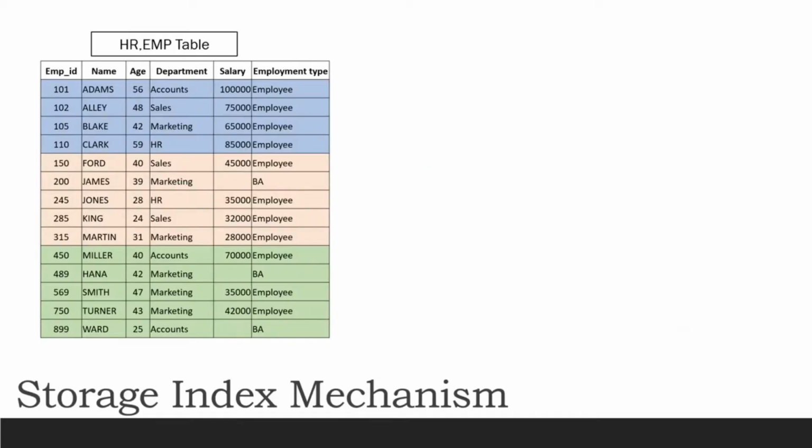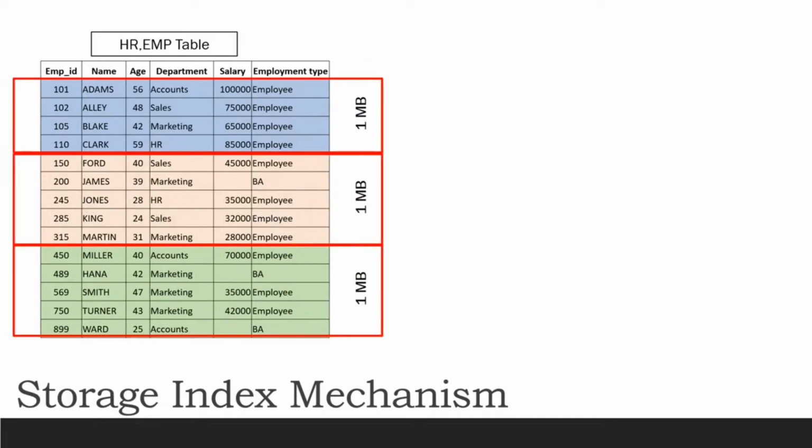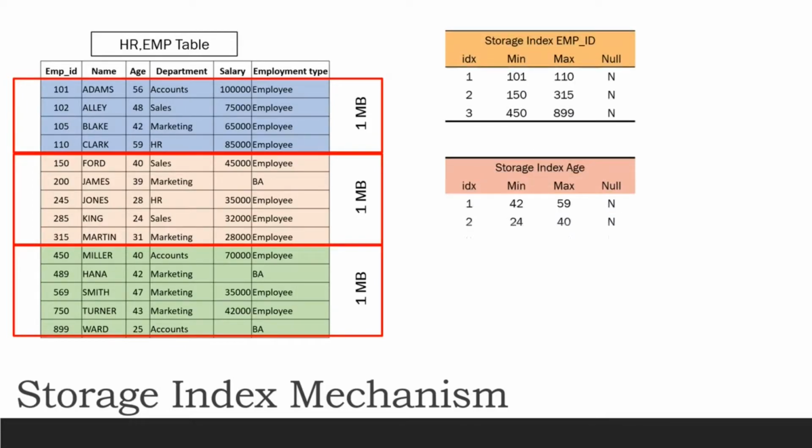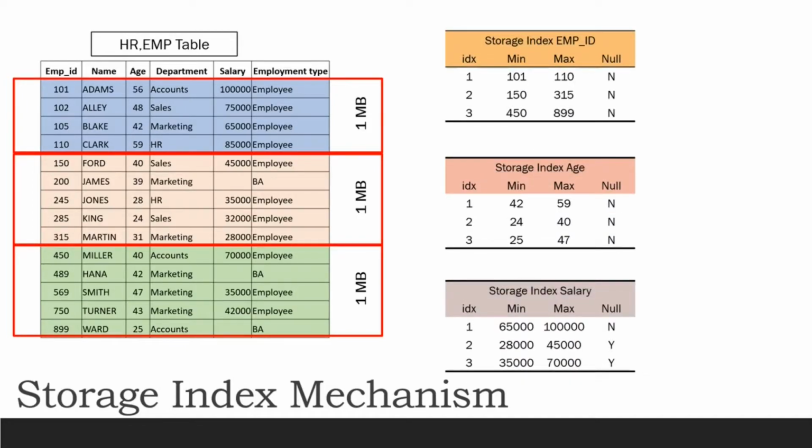So let's have a quick example with the HR.employee table. I have an employee table which has the employee ID, name, age, department, salary and employment type. This table is stored in storage units, broken into multiple 1 MB disk storage units, and the corresponding metadata is stored as min value, max value and whether it contains any null.